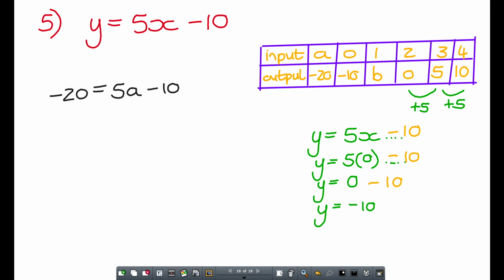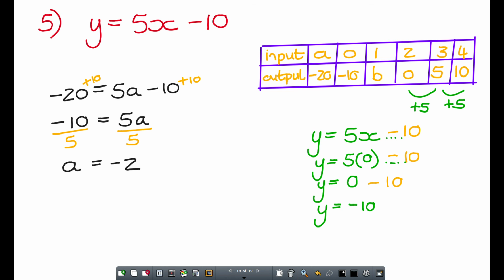Okay. Right, so now I have got to get rid of that minus 10. So I'm going to say plus 10 on both sides, which means that I'm going to have minus 10 is equal to 5a. Now I want to get rid of that coefficient, so I'm going to say divide by 5 on both sides, which means that minus 2 will be equal to a, but I'm going to write it the right way around, so a is equal to minus 2.